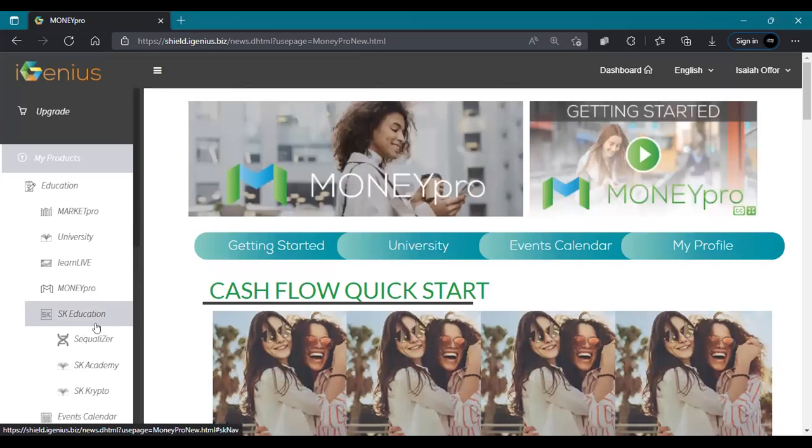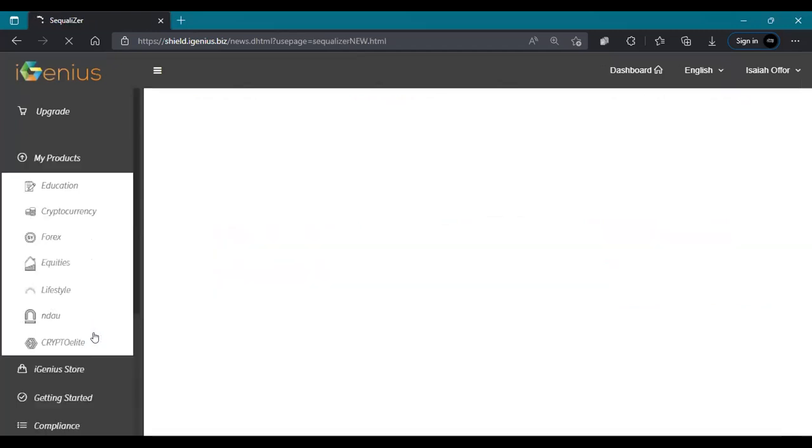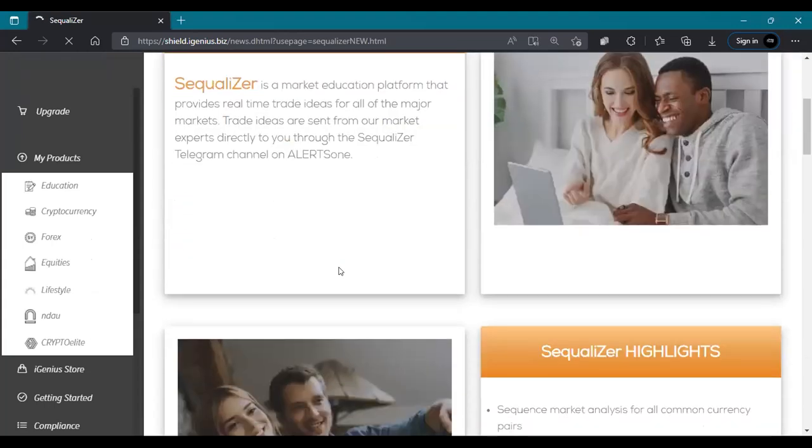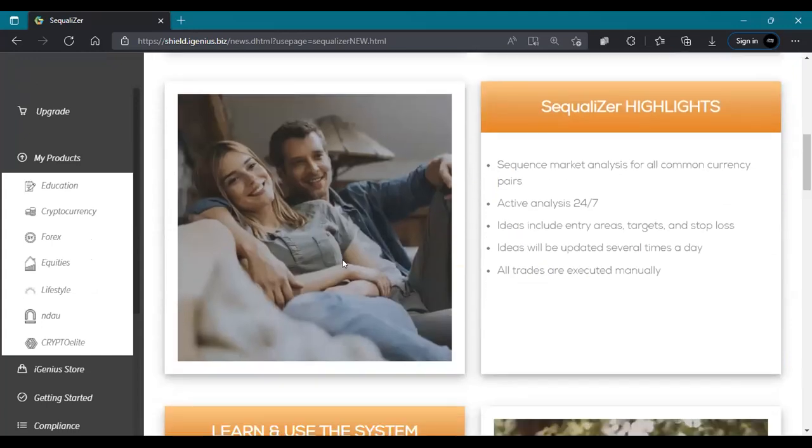SK Education. Sequelizer is actually a strategy, so if you're on the select package, I think you should have access to this. Sequelizer highlights its sequence market analysis for all common currency pairs, active analysis 24/7. You get ideas that include entry areas, targets, and stop loss.